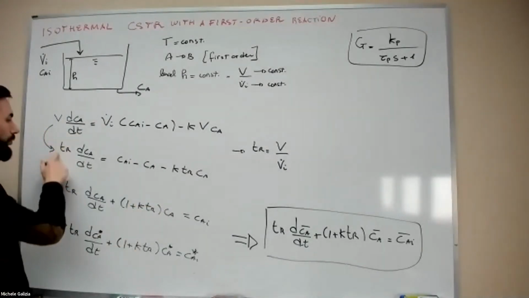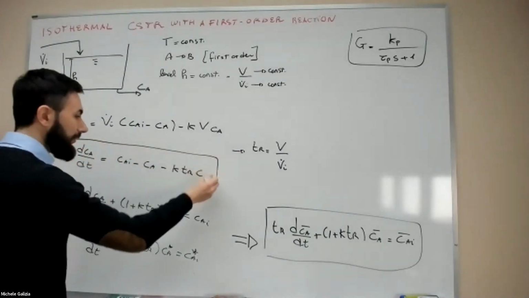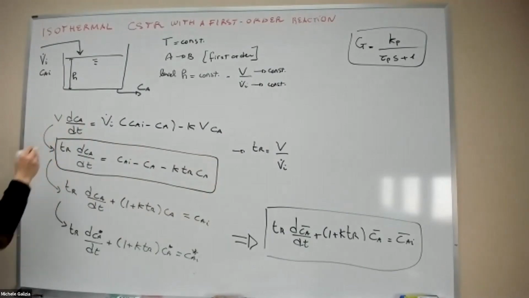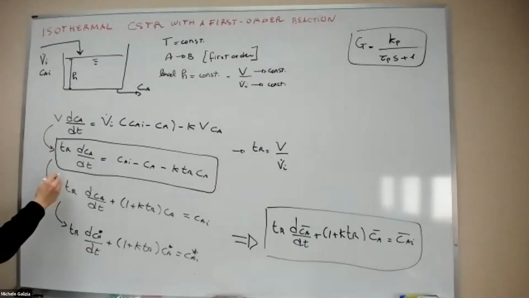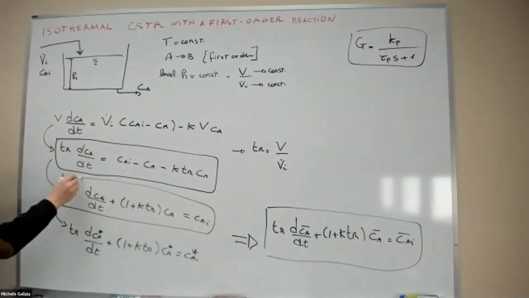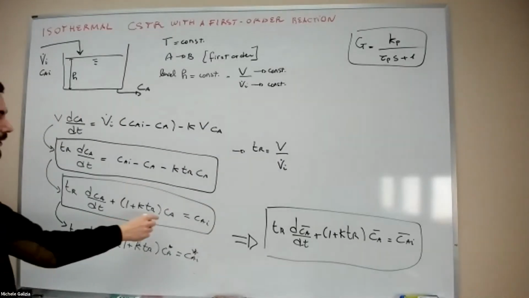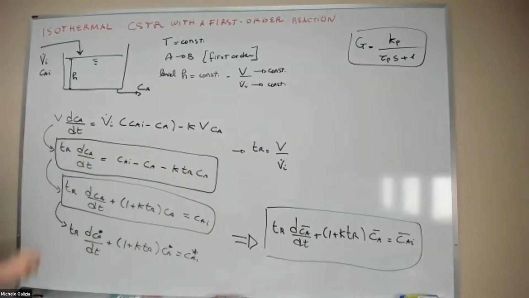Now, to realize that this is a linear differential equation, we can rewrite this in the canonical form to get an expression like this. So I just transported these two terms, CA and CA, on this side.